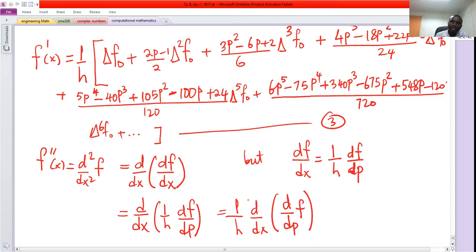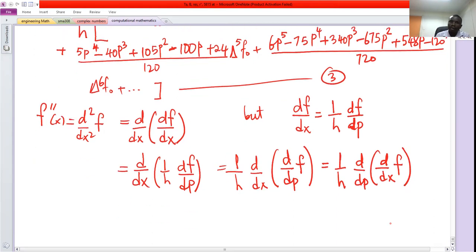Now these are differential operators, so we can always commute them. So 1 over h d dp, and then d dx of f. But d dx of f is the same as 1 over h df dp. So this can be written as 1 over h df dp.